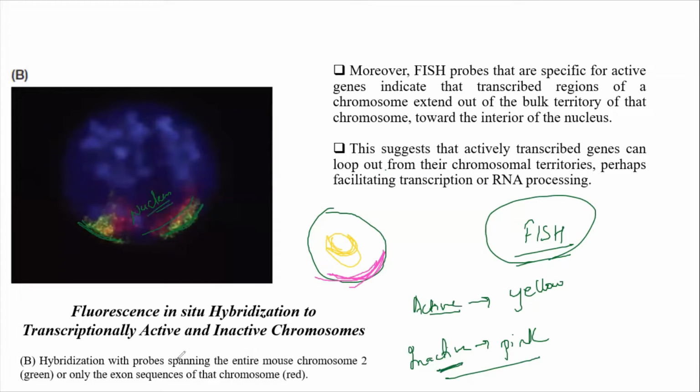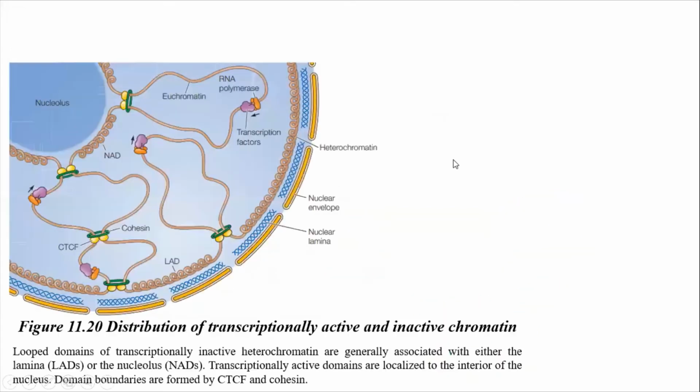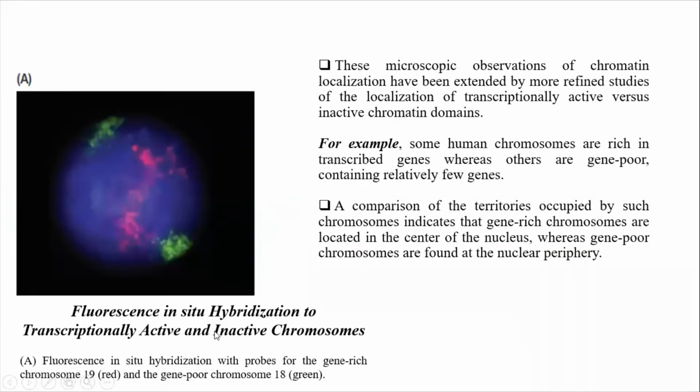Can you see? Yes. Hybridization with the probe spanning the entire mouse chromosome is green, and only the exon sequences. Exon means what? It is the active region, correct? So that is red. Let's check in the another figure. Here, see, gene-rich chromosomes are your red, which is present inside the nucleus.